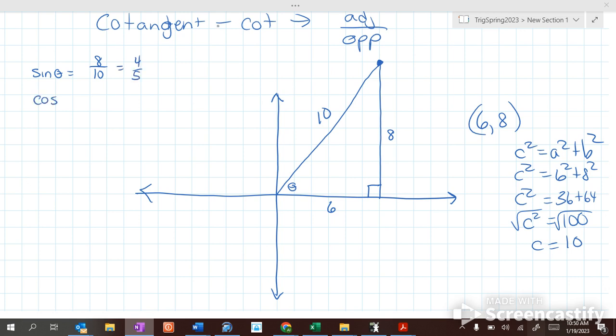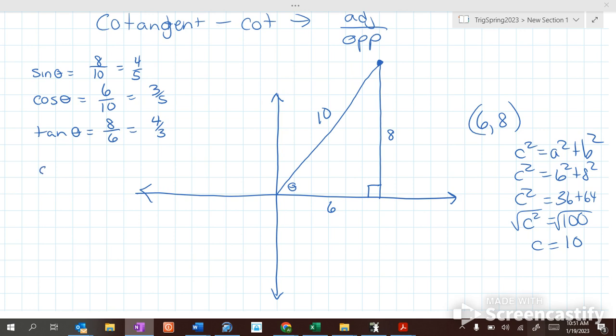What's the cosine of theta? Well, what's our adjacent side? 6, hypotenuse, 10, so it's 3/5. What's the tangent of theta? So we go opposite, 8, over adjacent, 6, which gives us 4/3.